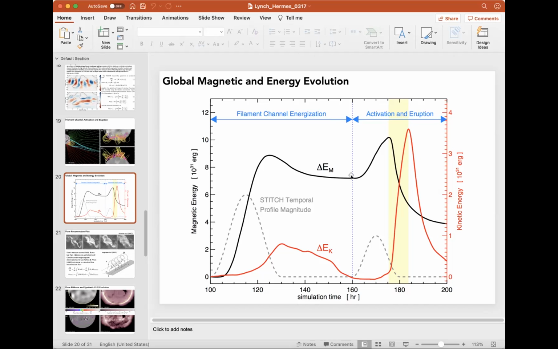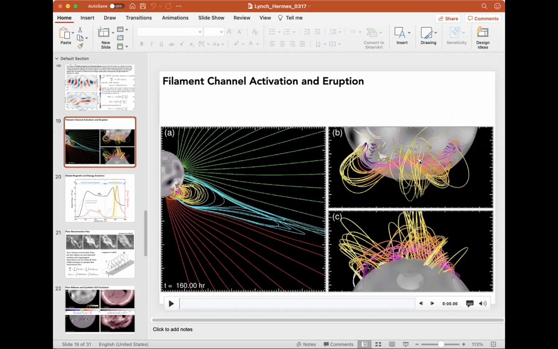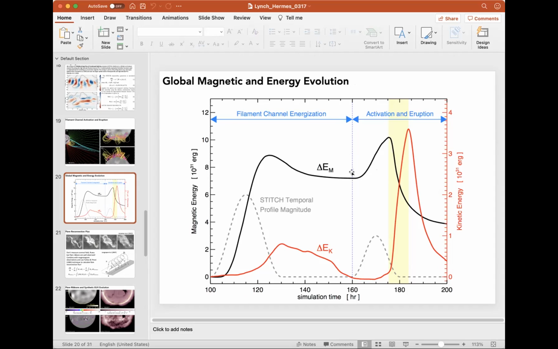Yeah, to the extent that if we continued to do nothing from 160 on, this would just stay there. This structure would be stable. It would sit here like this forever. And so we had to kick it a little bit.